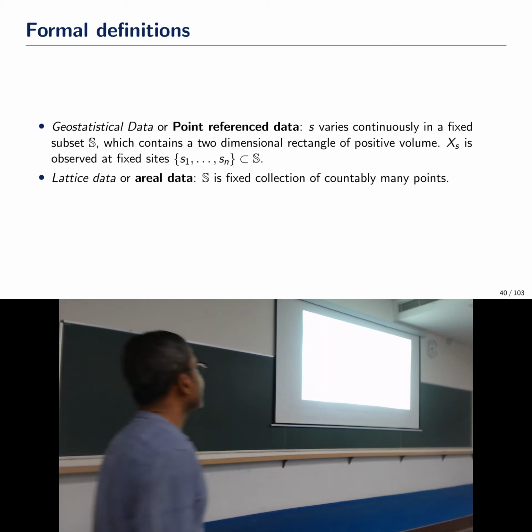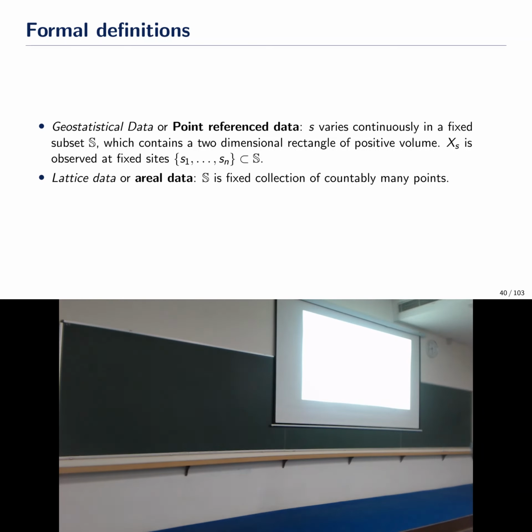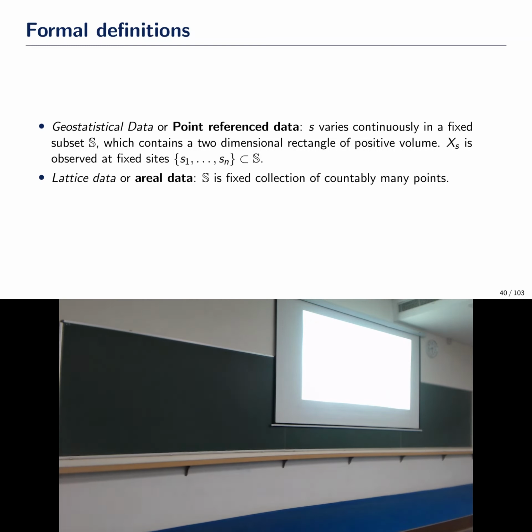Now what is areal data? It is the data you have seen earlier, where the map is partitioned into separate blocks, and here S is essentially a fixed collection of countably many spatial points, characterized by something in order.